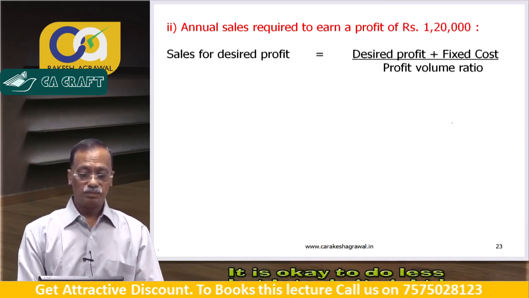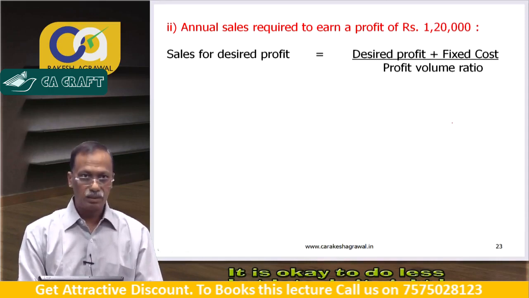Write down the formula. Sales for desired profit is equal to desired profit plus fixed cost divided by PV ratio.